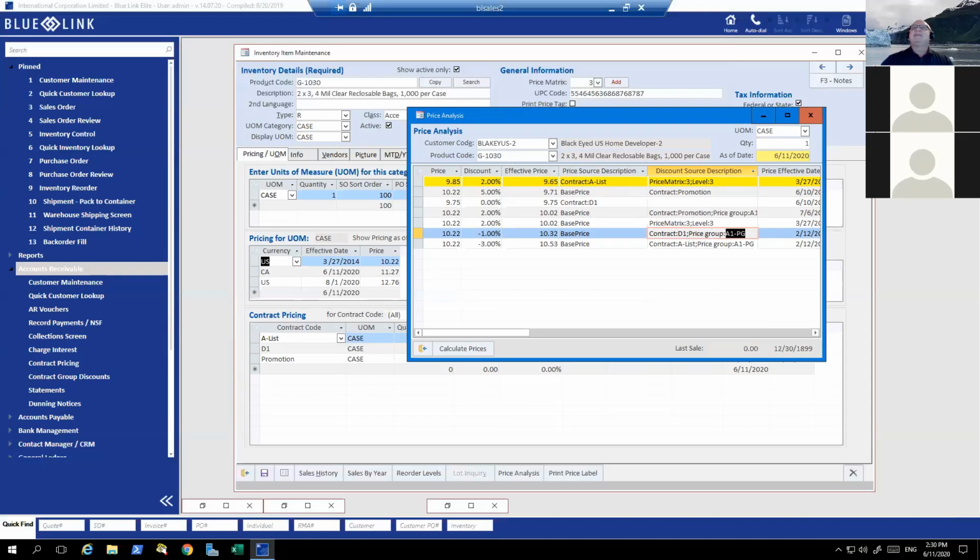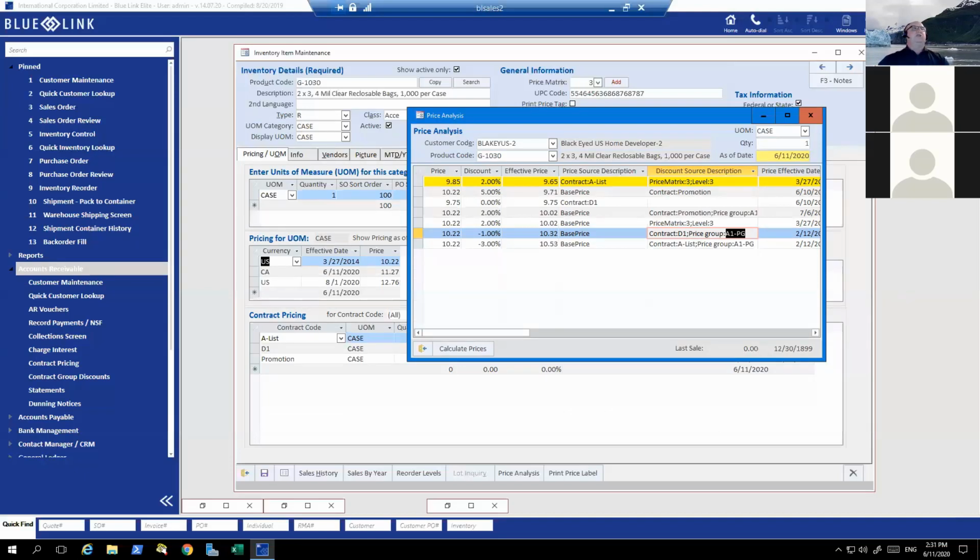So there is a question that just came in, Michael. The question is, if a customer has contract pricing, will that always be the price? Yes, it will not change until you make the change, correct? Or until the effective date has passed.